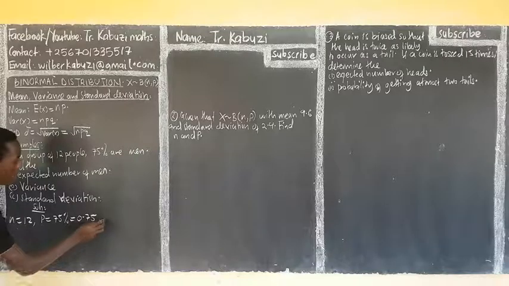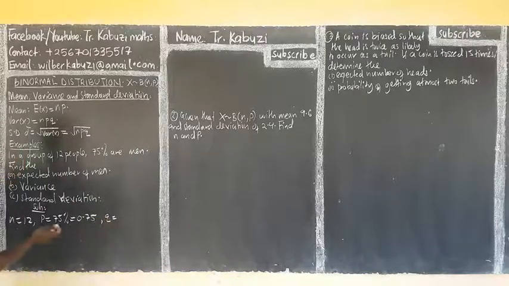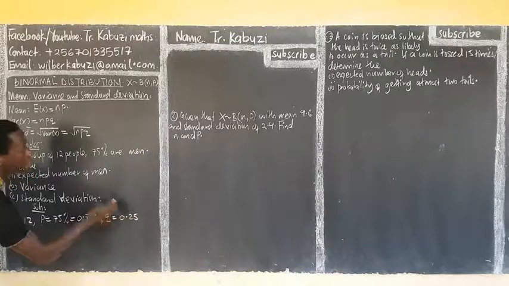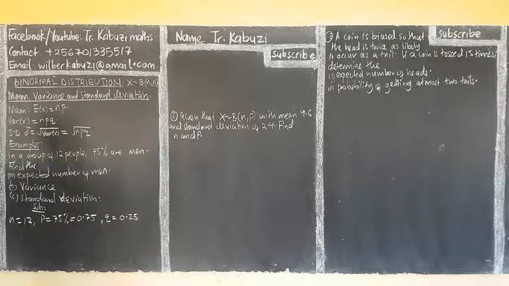That means our probability of failure is 1 minus this, which is 0.25, or 25%.